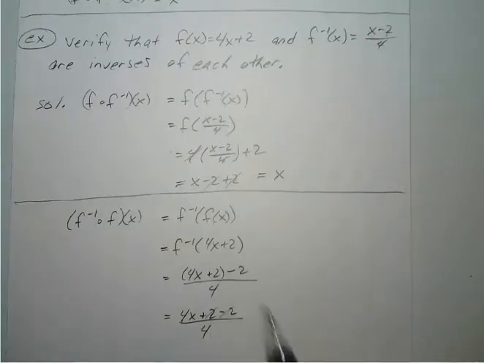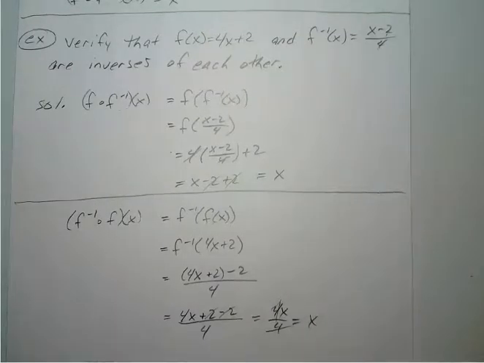These 2 cancel each other out. This leaves you with 4x over 4, which is just x once those 4's cancel out.